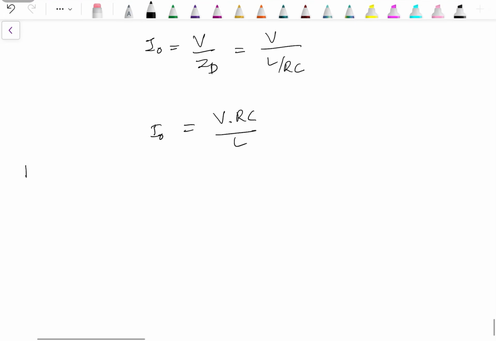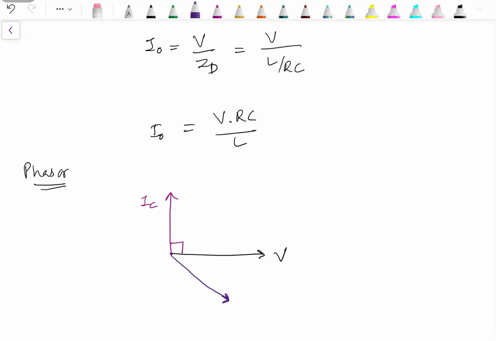And if we have to draw the phasor diagram, in case of parallel circuits, voltage is considered as reference. The current through the capacitor will lead the voltage by 90 degree, and then we have an RL branch. For the RL series branch, the current lags behind the voltage by some angle between 0 and 90 degree. Let's say that angle is phi.